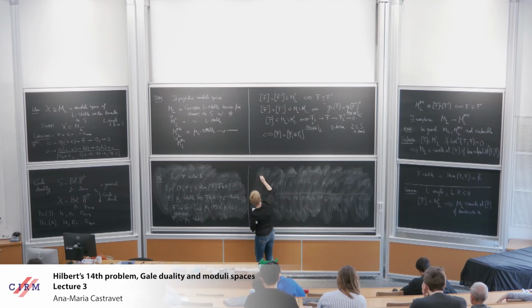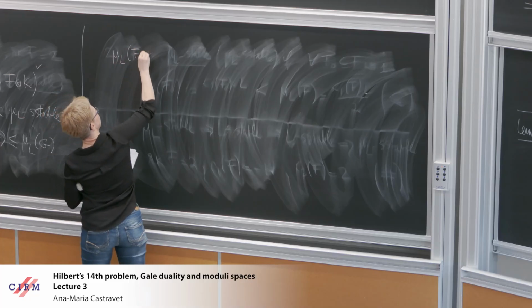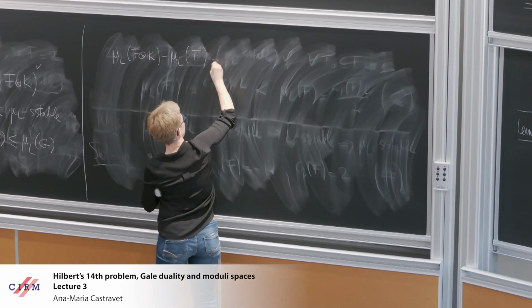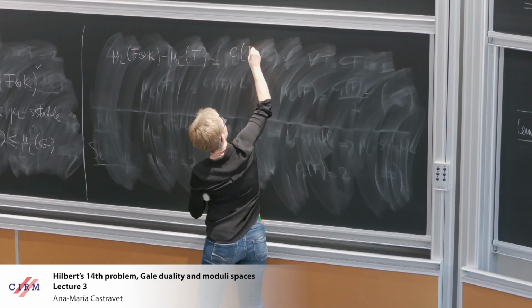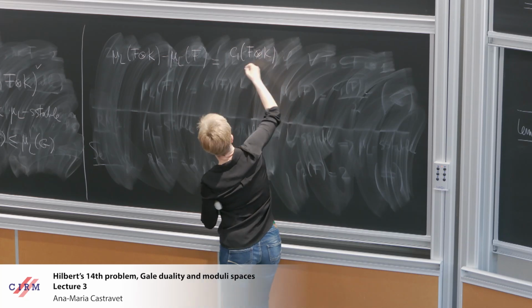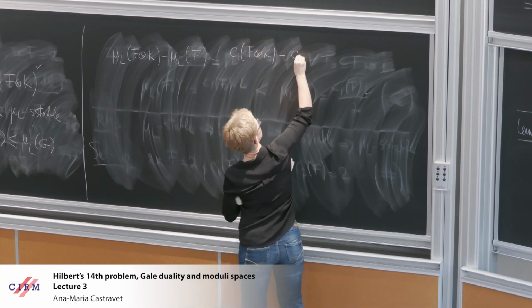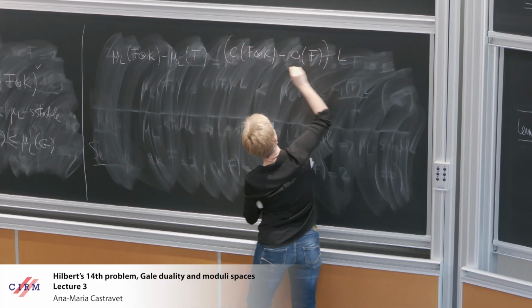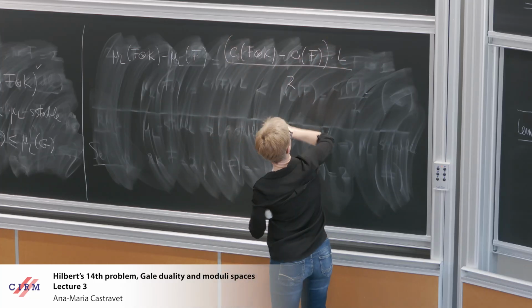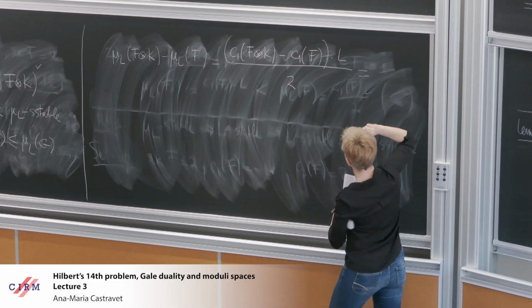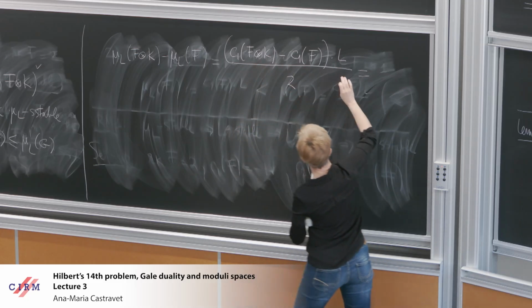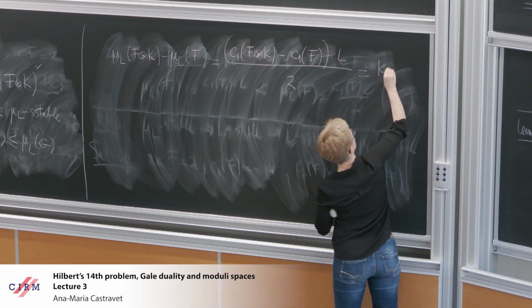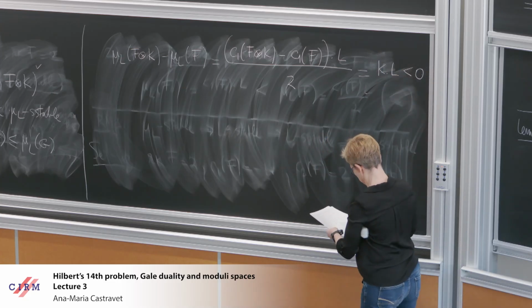So this is C1 of F tensor with K, intersect with L, and then same thing for F, over 2. So this is exactly, this F is rank 2, so this is C1 of F plus 2K, so it's exactly K times L. Okay.